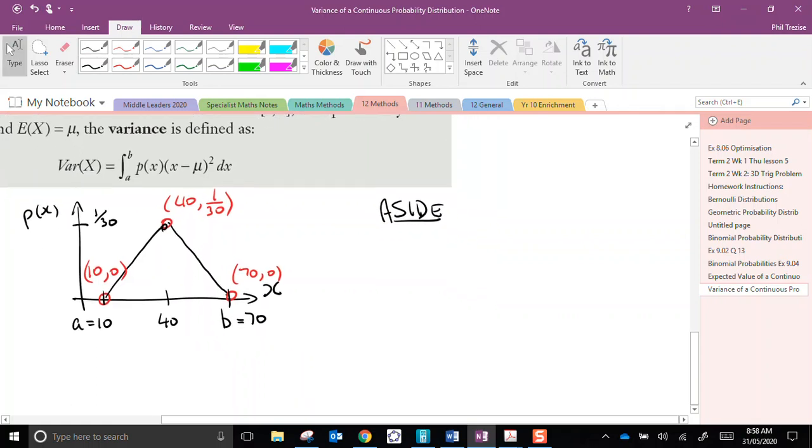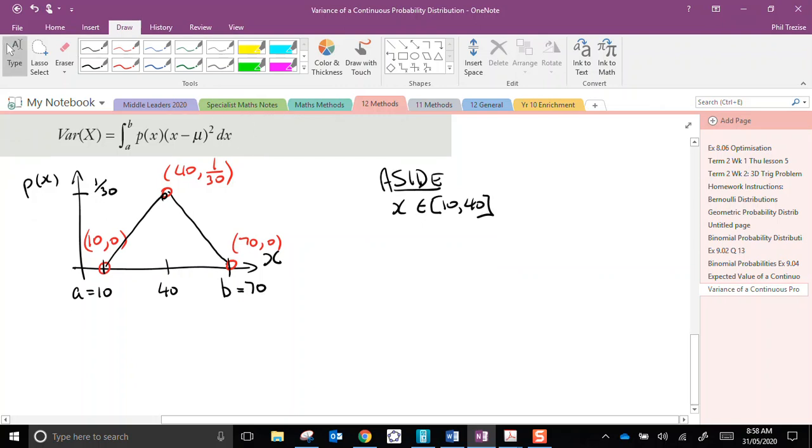So for the first one, let's look at the place where x is in the domain 10 to 40. You could write y equals mx plus c, or you could write the version of the formula y minus y1 over x minus x1 equals the gradient.